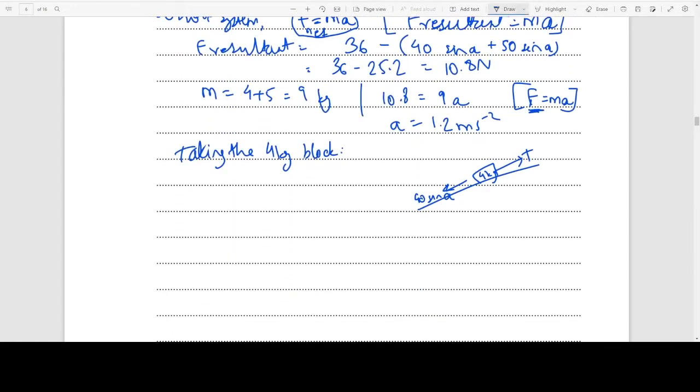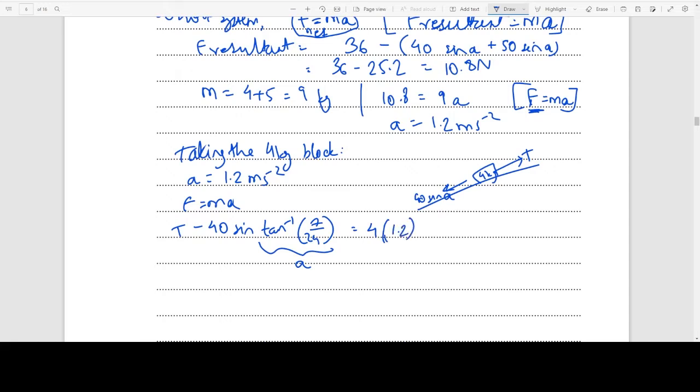And we have the acceleration of both the blocks. So even for the 4 kg block, acceleration is going to be 1.2 meter per second squared. So we can just use F equals ma again. T minus 40 sine tan inverse of 7 upon 24, this is basically alpha, is equal to m into a. Now we are only taking the 4 kilogram block into consideration, so this is going to be 4 into 1.2.